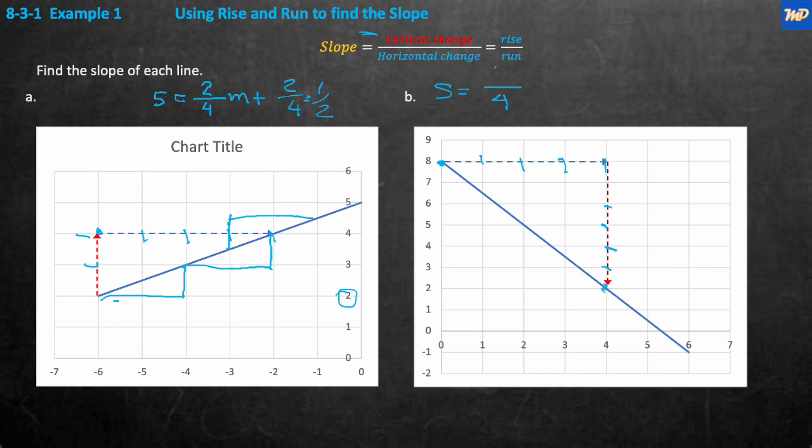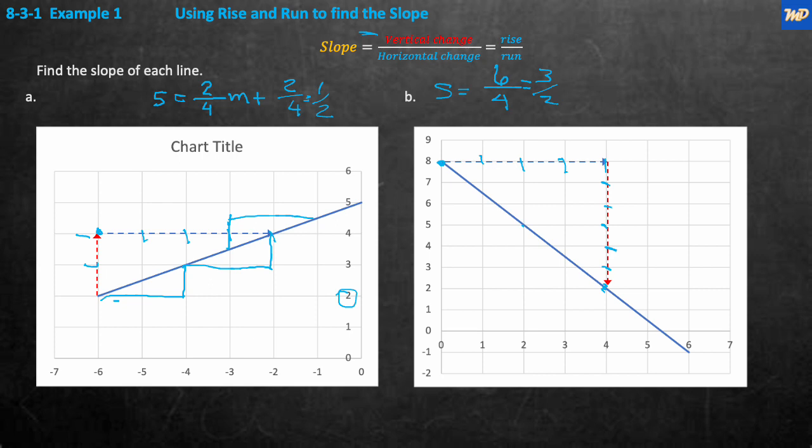So it's 6 over 4, or 3 over 2, so you can go over here, go down 3 and go 2. You can come up with your 1, 2, 3, 4, and 1, 2, 3, 4, 5, 6.